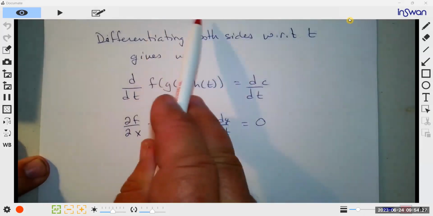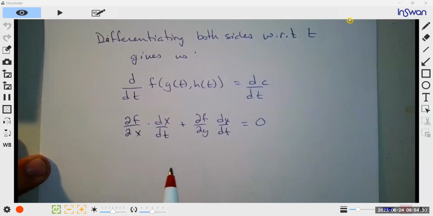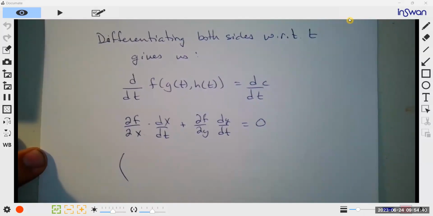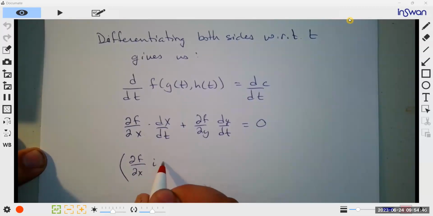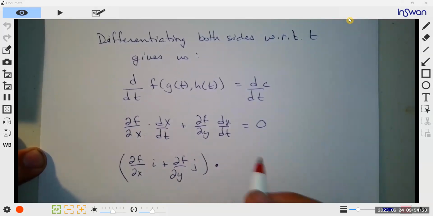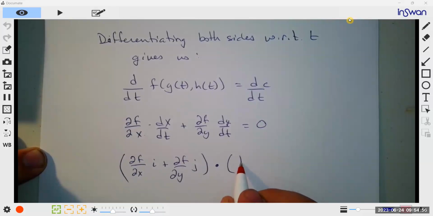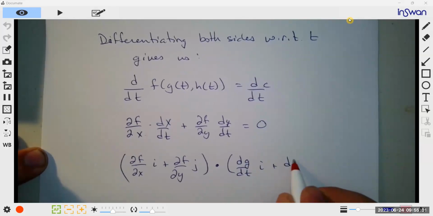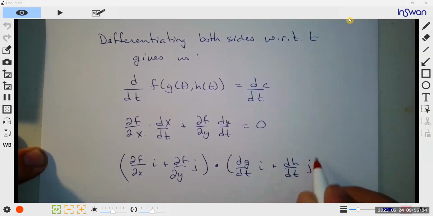Okay, combining our terms, remember, we're dealing with vectors here. So we have the partial of f with respect to x i plus the partial of f with respect to y j, dot dg/dt i plus dh/dt j.